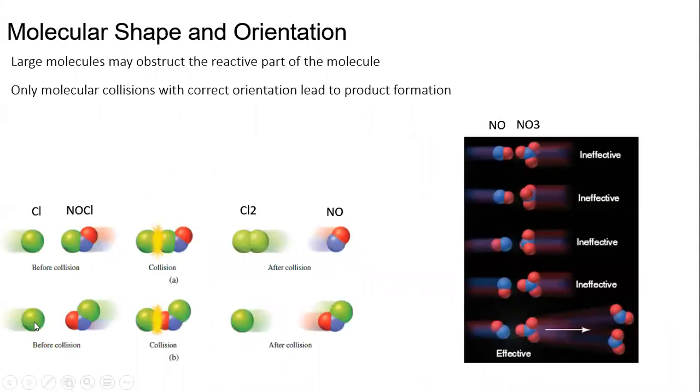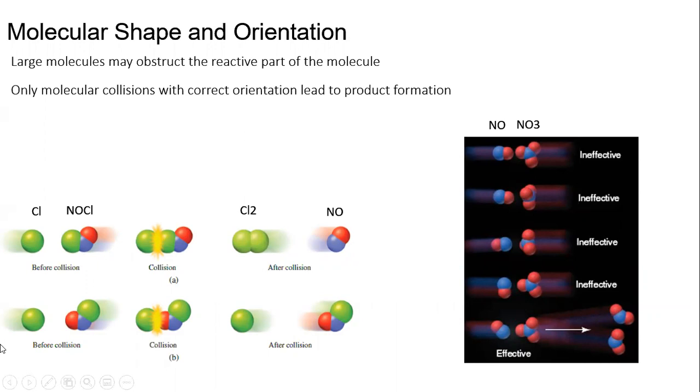Now with molecular shape and orientation, smaller molecules have a better chance of collisions versus large molecules, because as we'll see in these examples, there's really only one part of the molecule that makes an effective collision.